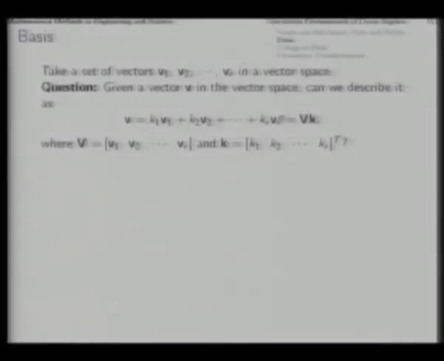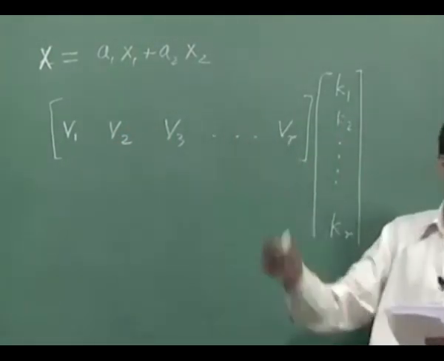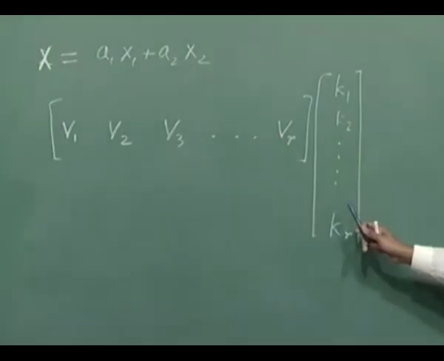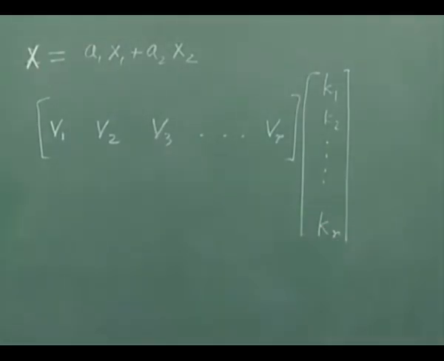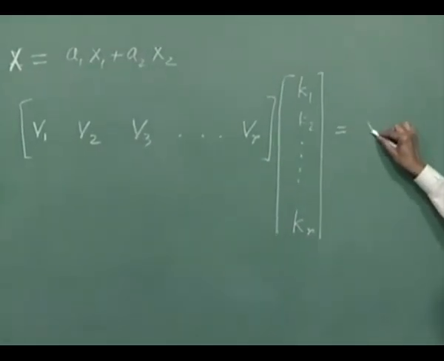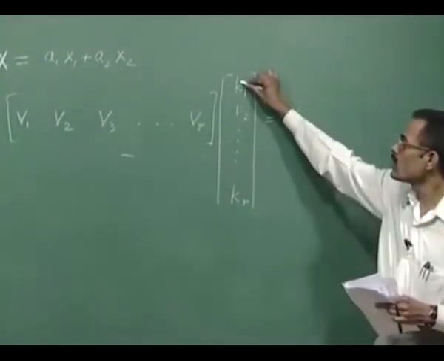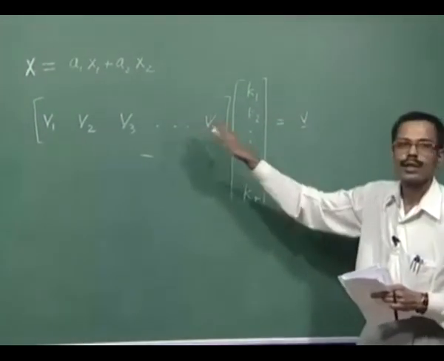And that is why this large matrix we can call capital V and this vector as k. Now the question is that with v1, v2, v3 up to vr known, we essentially know this matrix, and the vector v, small v, that has been given to us, we know this, and we are interested in finding out suitable k1, k2 up to kr such that this turns out to be right.